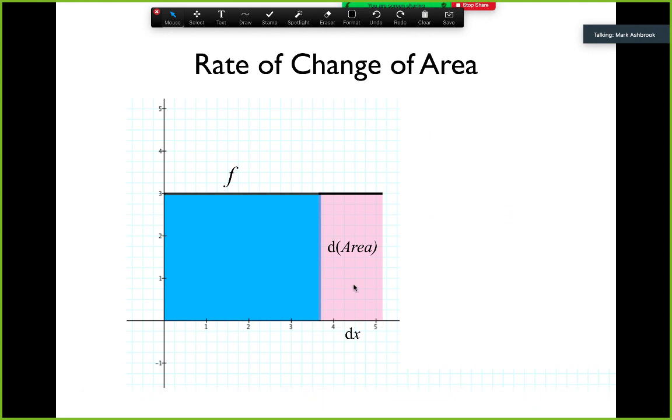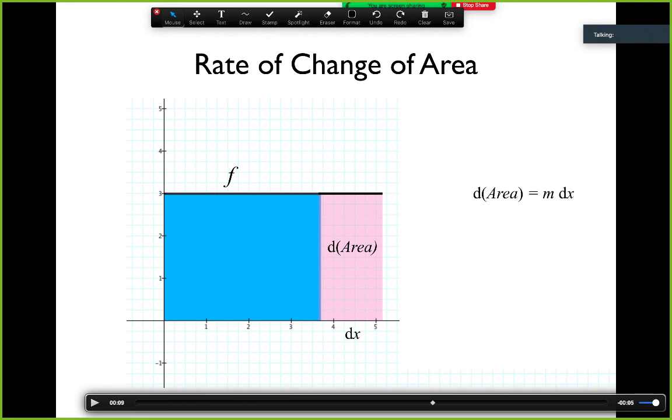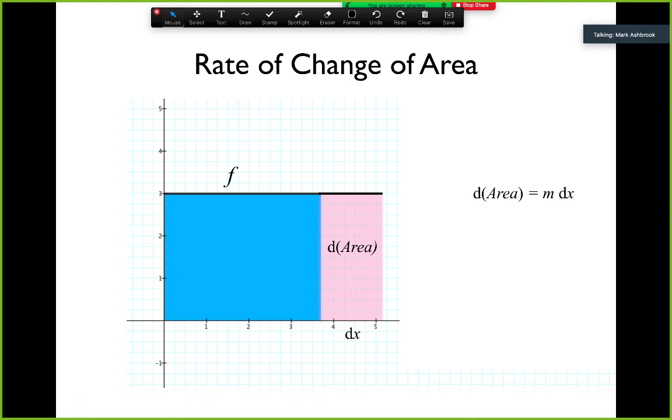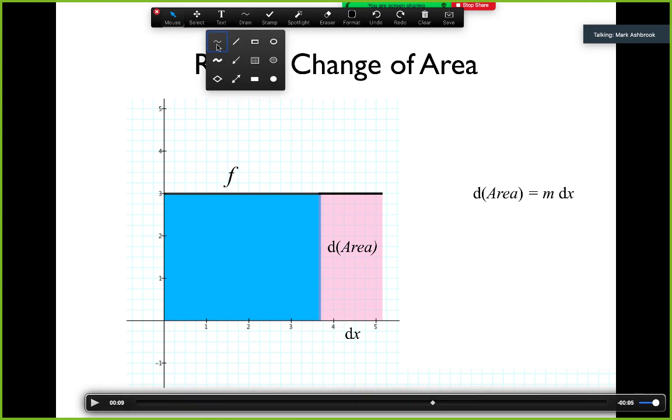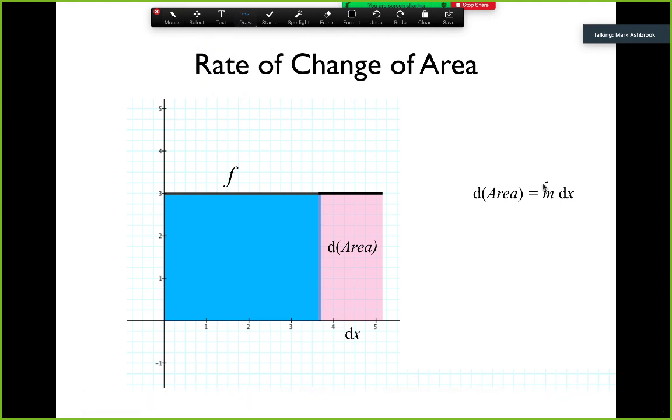When we do that, we get this variation in area corresponding to that increase in x. We're trying to figure out the rate of change of area. Well, we know that's framed by this very important equation, dy equals m dx. Now our y is area. So we're saying, what is the rate?